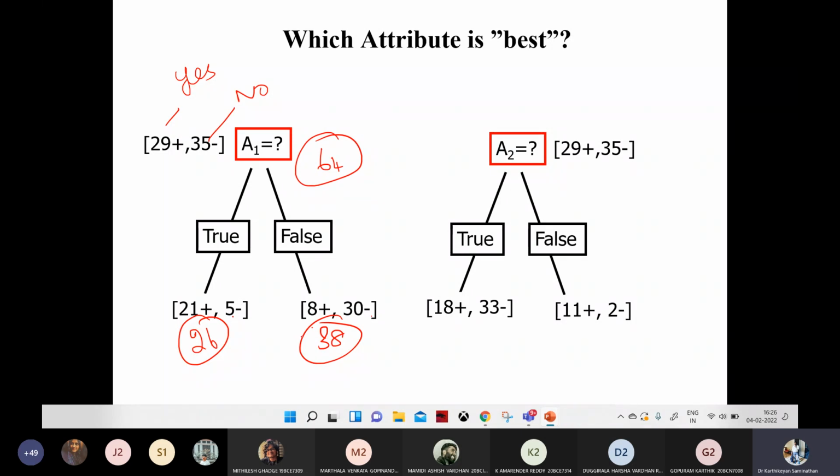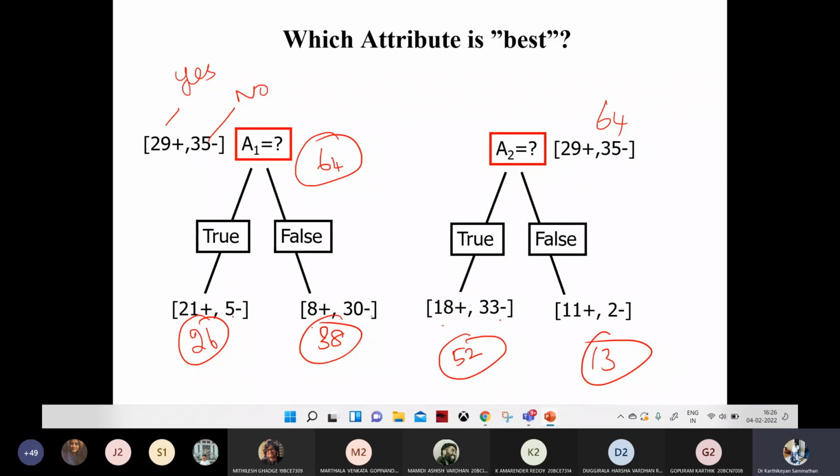Same here, the second scenario is given, same 64 hypotheses, 18 plus 33, and 13, 53 plus 13, same 64. So this is the hypothesis given.